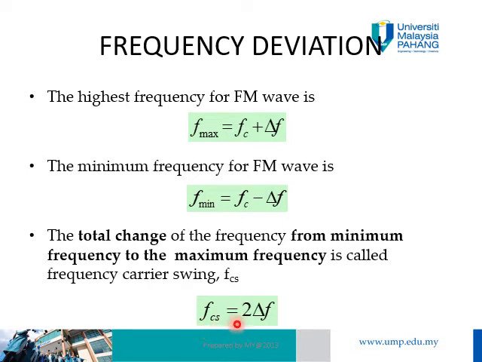FCS is fmax minus fmin, so fc minus fc, and delta f plus delta f. So we get 2 delta f. This is similar to bandwidth in amplitude modulation. In FM we call it frequency carrier swing.